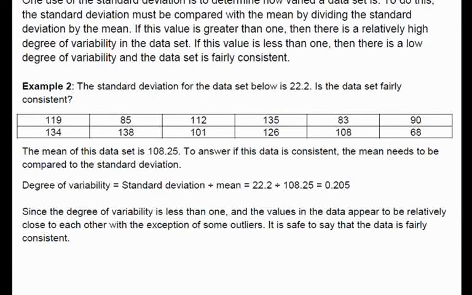There's a low of 68, a high of 138, but generally it looks like the data is kind of consistently around 100 or so, and the mean is 108.25. So to find the degree of variability, we do the standard deviation divided by the mean. We end up with 0.205. So because that's a fairly low number and it's less than 1, we can say that this data set is fairly consistent.